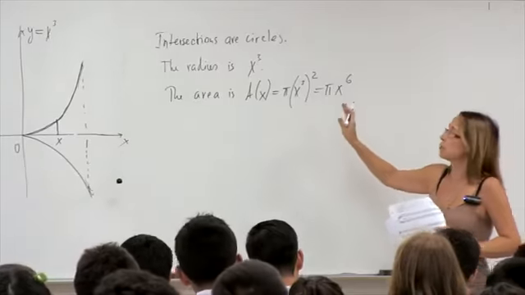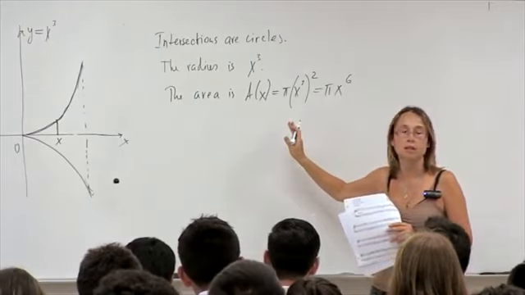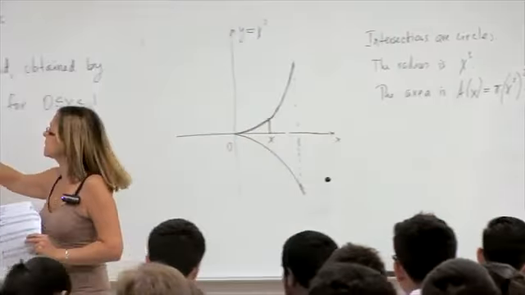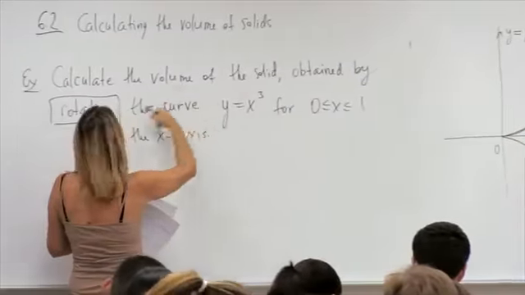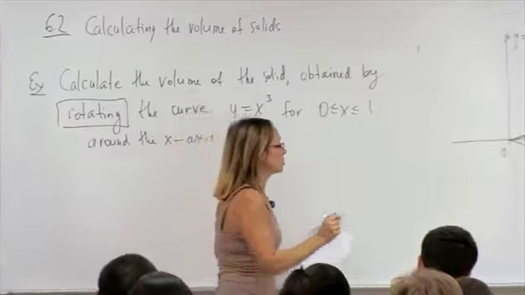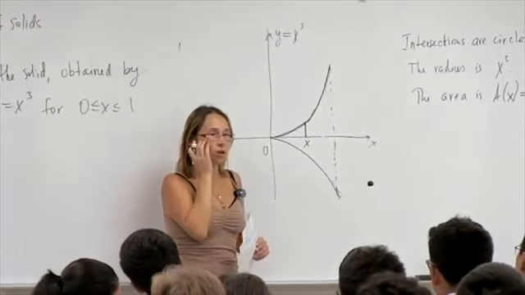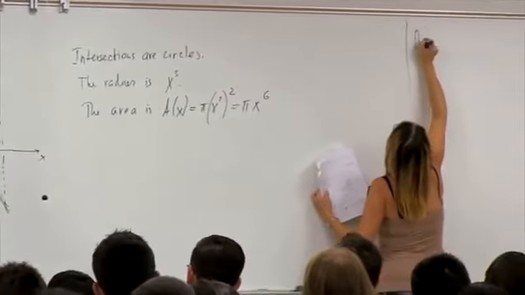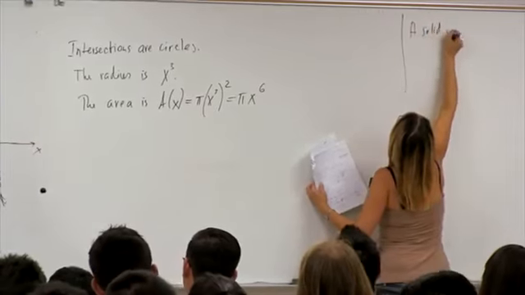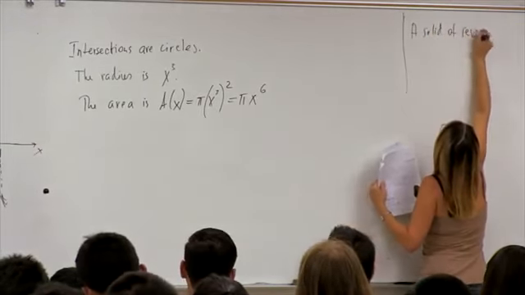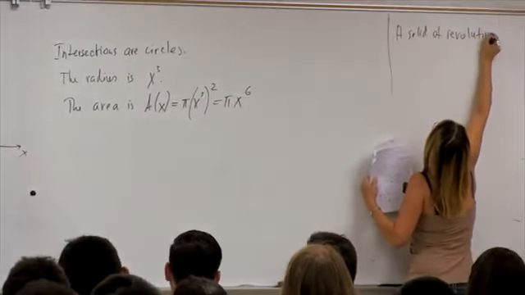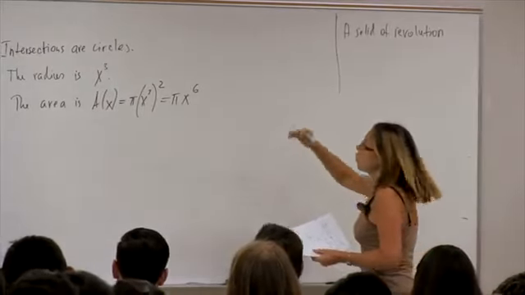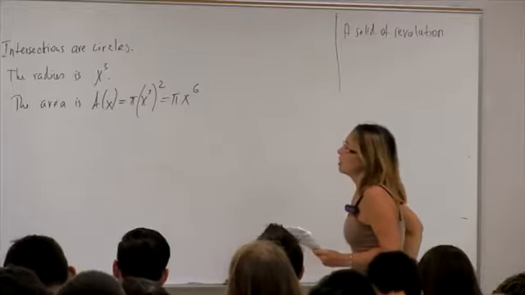Okay, so this is the part which you need to understand. Let me just tell you that with problems like this, when we obtain a circle by rotating something, the resulting object is called a solid of revolution. When something is revolving around something else.